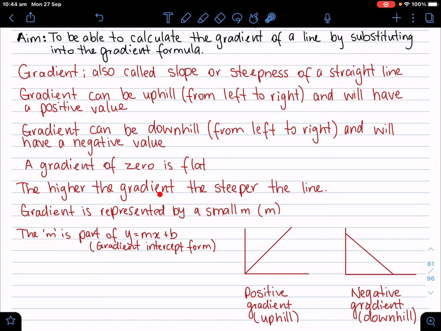So the steeper this line will get closer to the y-axis. We represent the gradient using the small m because we use the big M for midpoint. And you can also see this small m when you have y equals mx plus b. That small m in the gradient intercept form of a straight line is actually the gradient.